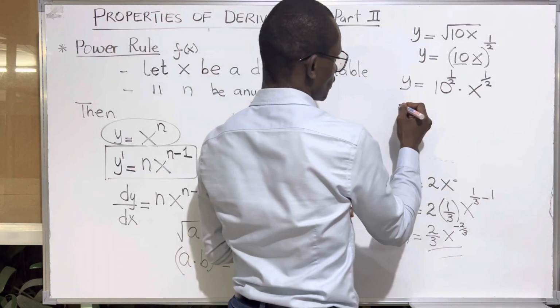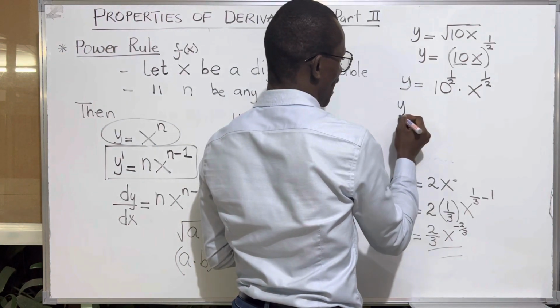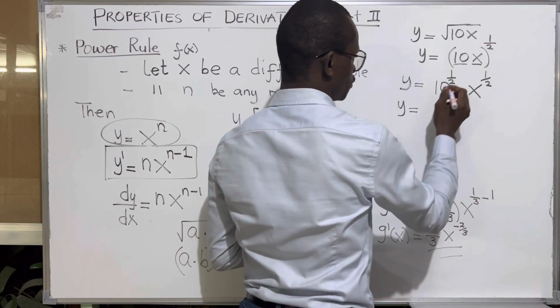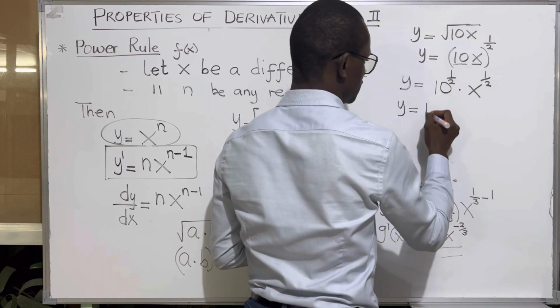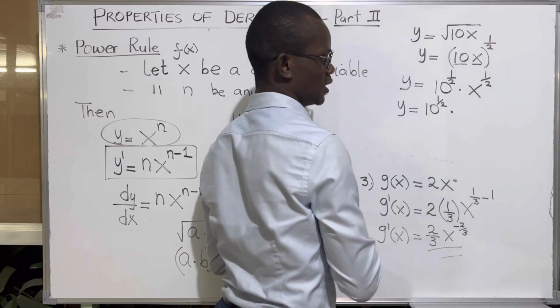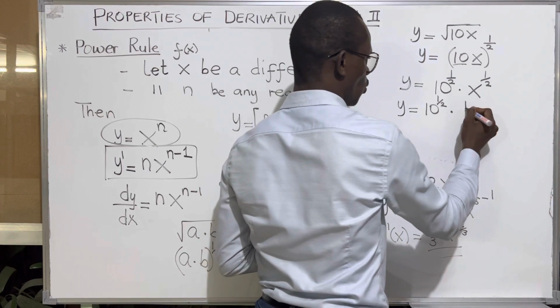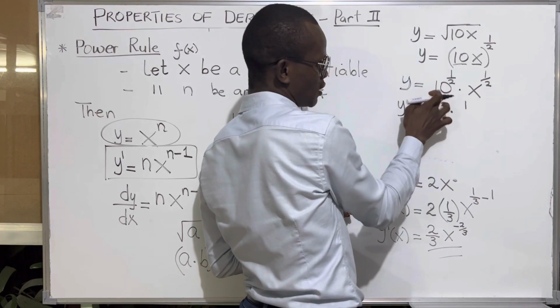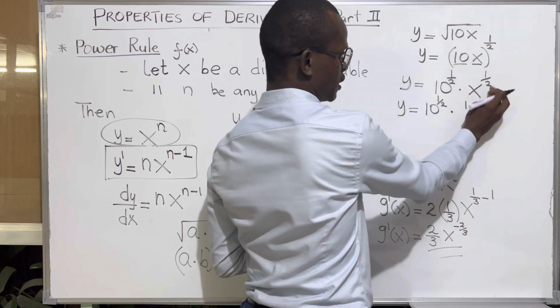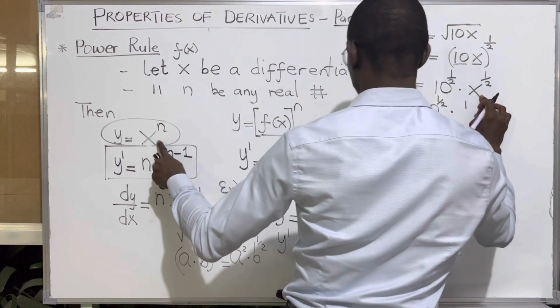So now let's differentiate. Remember, this is 10 raised to 1 over 2 times, we bring this power down, not attached on top of this 10. No, this is a number. This is the variable that we are discussing.